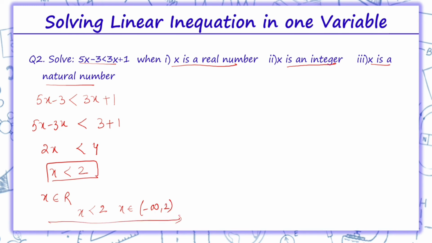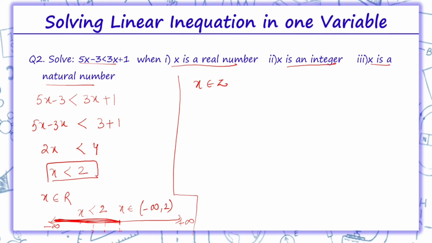So this will be our number line, where this is plus infinity, this is minus infinity, 0, 1, 2 over here. But when it is said x is an integer, the set of integers is represented by Z. So x is smaller than 2.